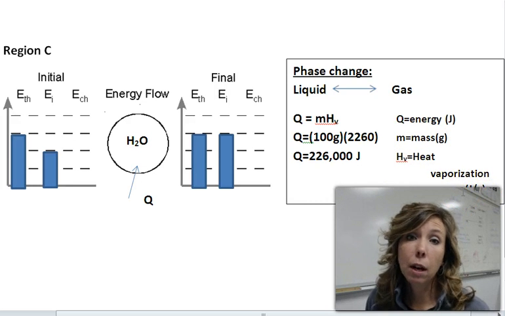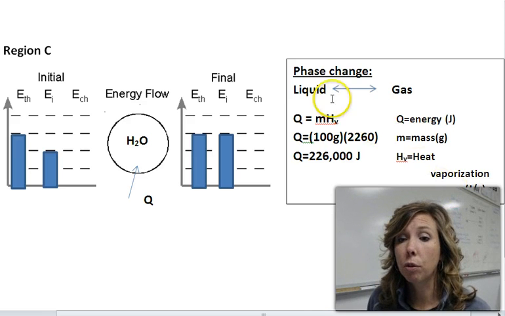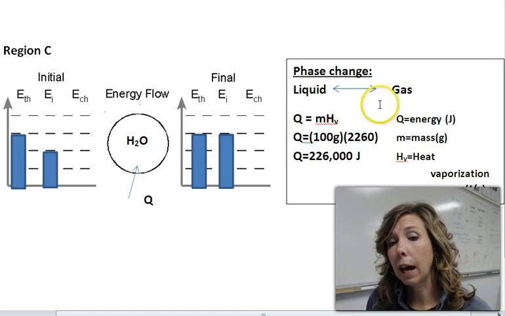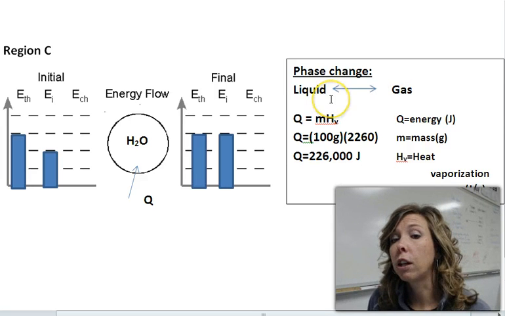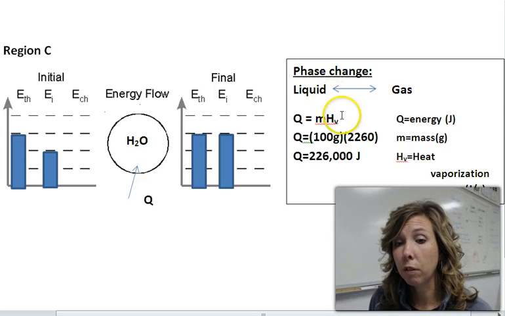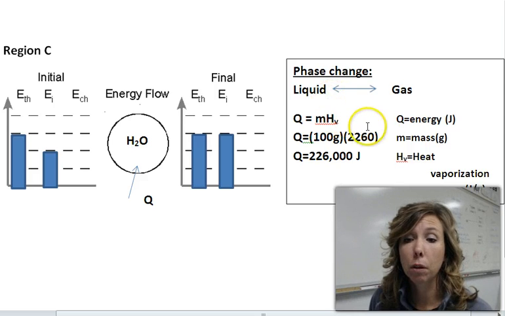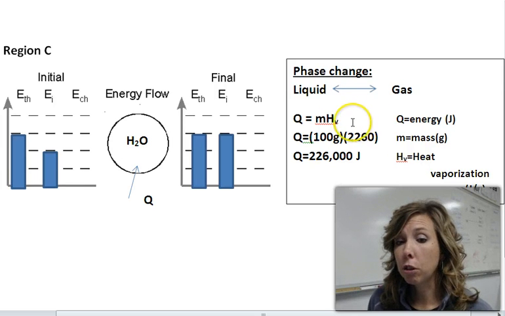This number tells us how much energy it takes per gram of a substance to either change it from a liquid to a gas or gas to a liquid. It's a different number than it was for heat of fusion, so that's why we have a different variable, different number. The number for water, which is our substance in this case, is 2,260.